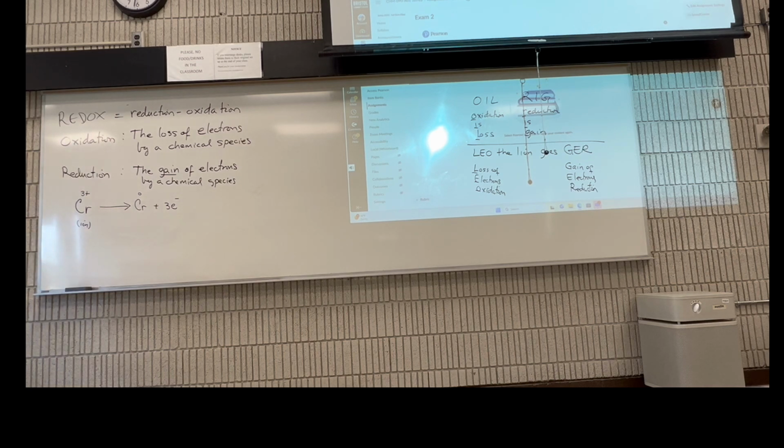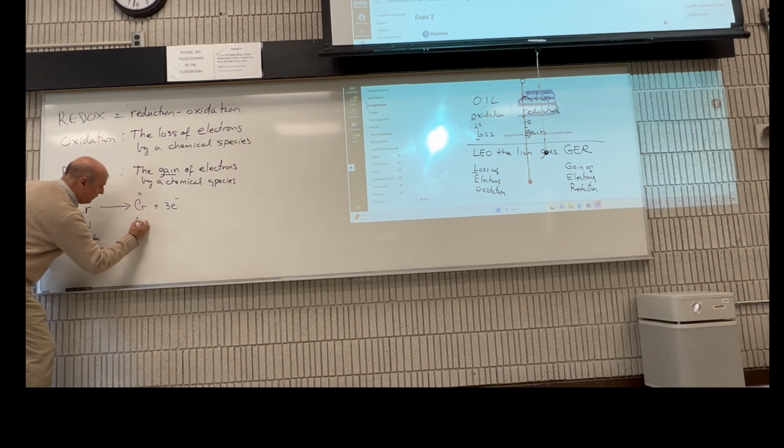So chromium, atomic number 24. So chromium 3+ has 24 protons, and to be charged with 3+, it must have only 21 electrons. Okay? So chromium 0 has 24 protons and 24 electrons.